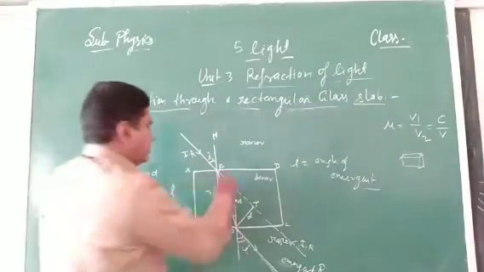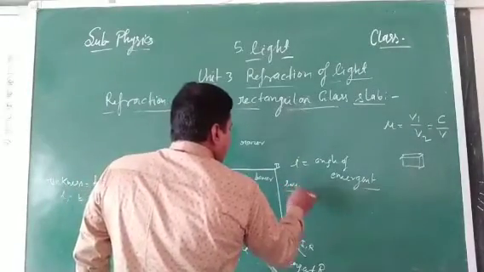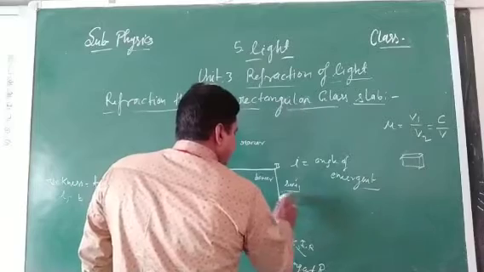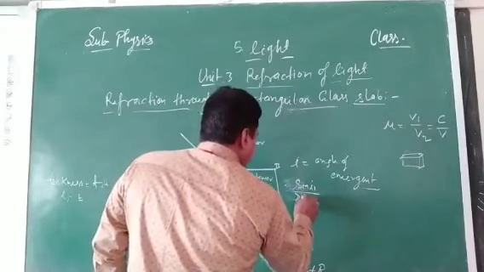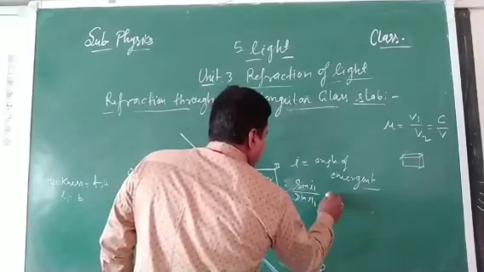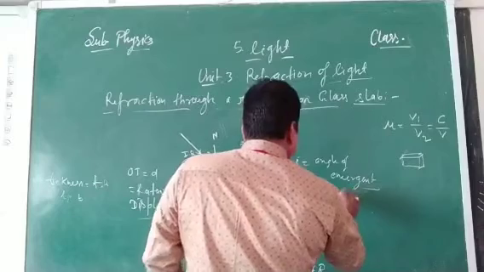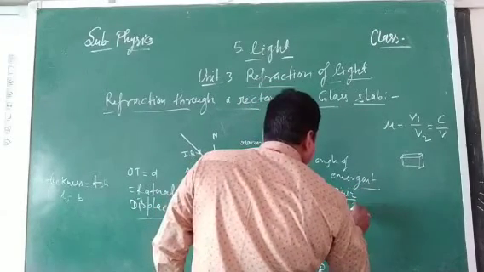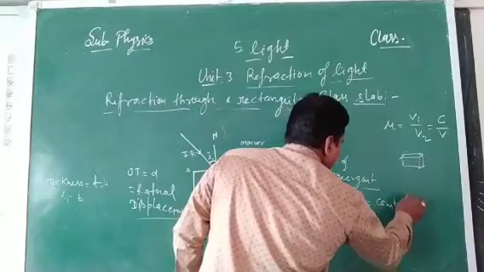So for this ratio, sine I1 by sine R1, and here sine I2 by sine I is always constant.